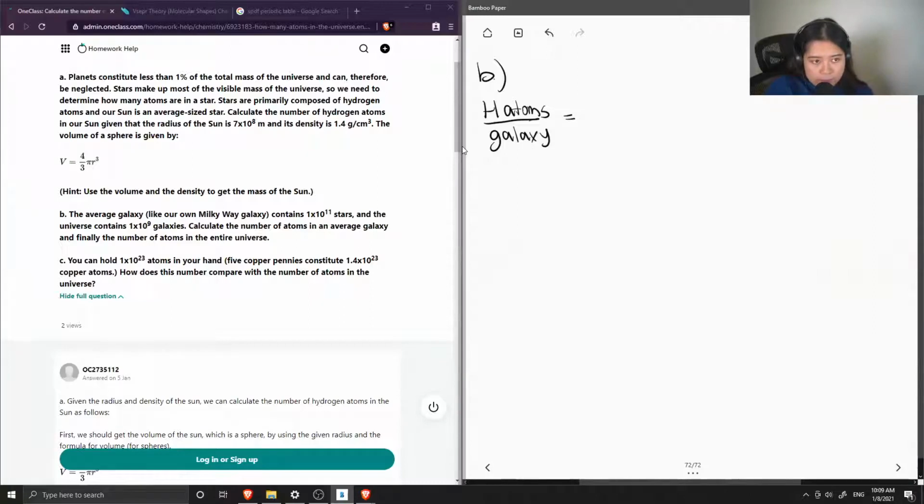Okay, so first we need to multiply the number of atoms in one star times the number of stars. So back to our previous step, we calculated the number of hydrogen atoms in one star to be 1.2 times 10 to the 51. So I'm going to say H atoms per star.